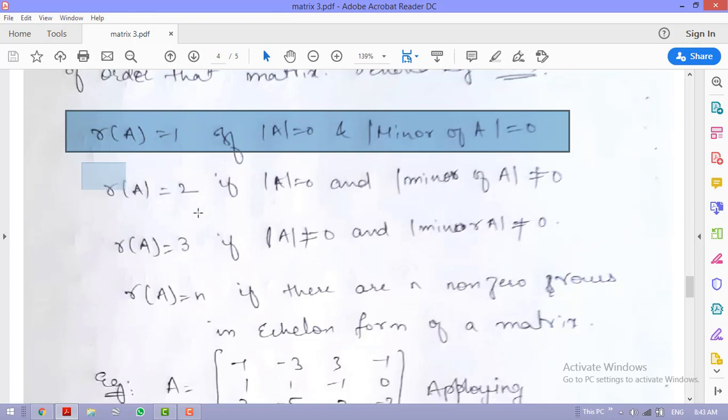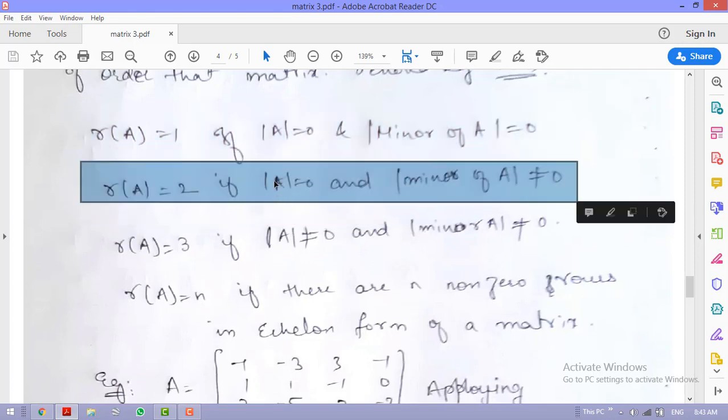Okay, then the rank of A is equal to 2 if and only if the determinant of A is equal to 0, and if we have any minor of matrix A which is not equal to 0, then that particular matrix is considered to be of rank 2.